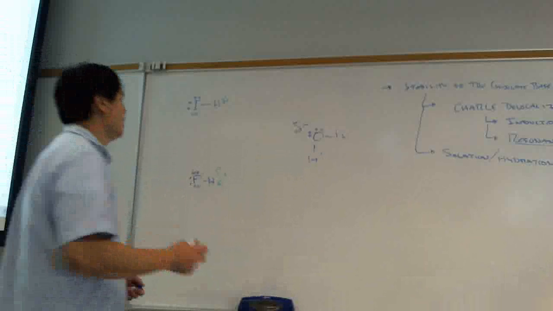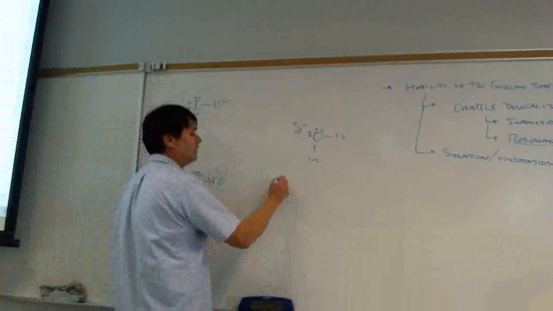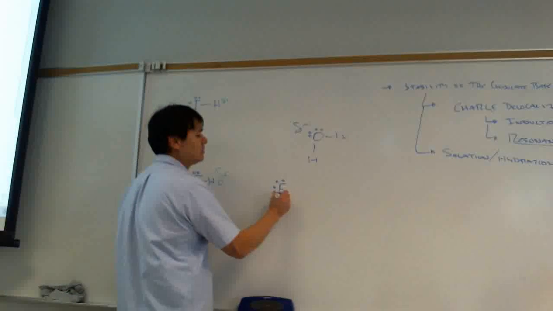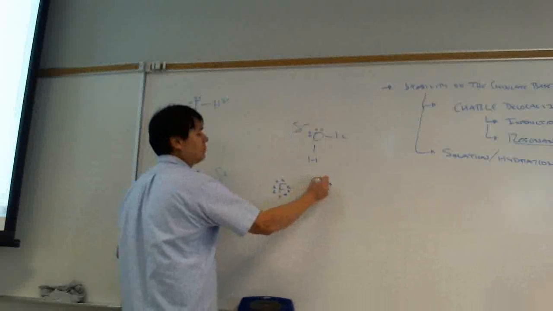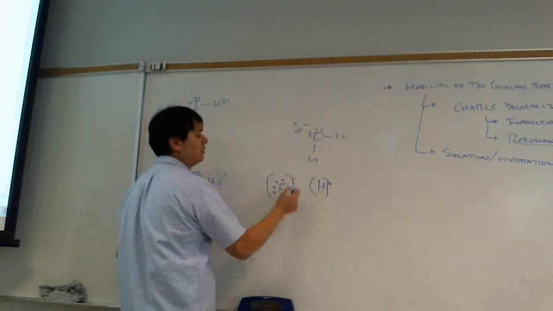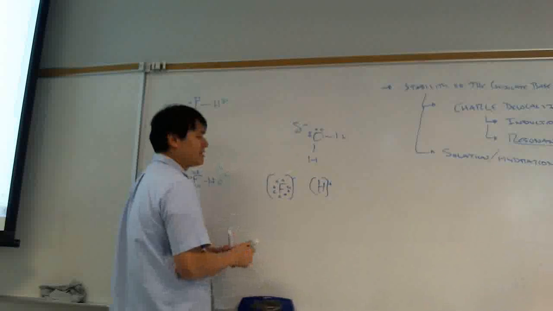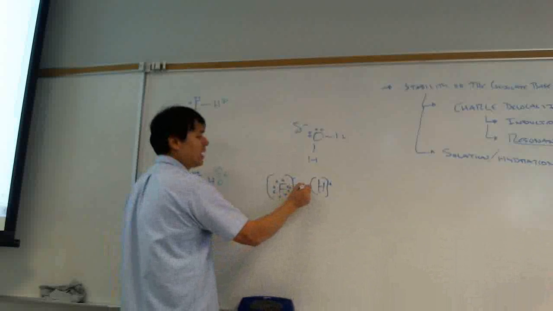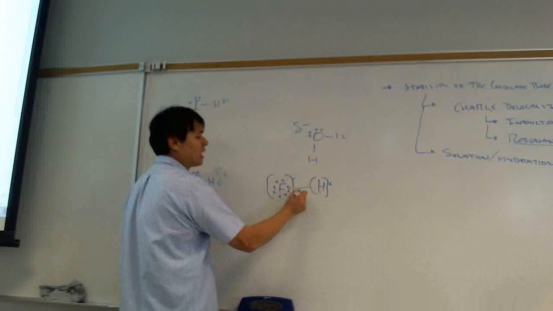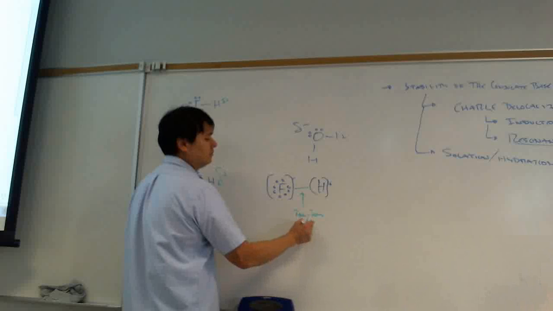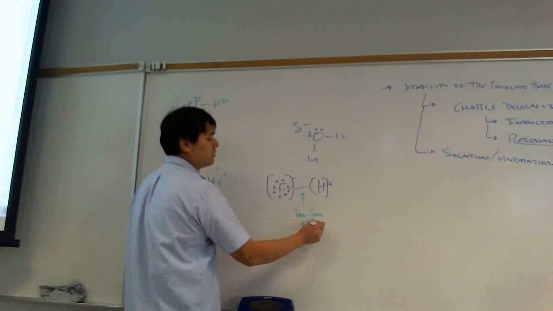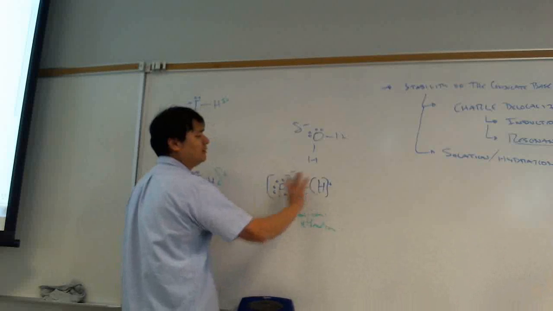What happens is, even if H plus got pulled off of fluoride, unfortunately, fluoride doesn't let go. There's going to be an ion-ion attraction here. It's not a bond, it's an inter-ionic attraction, which prevents the H plus from leaving completely.